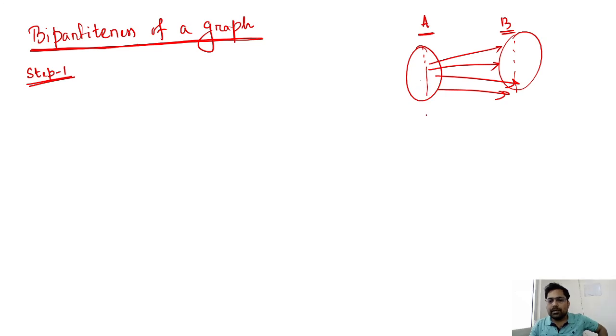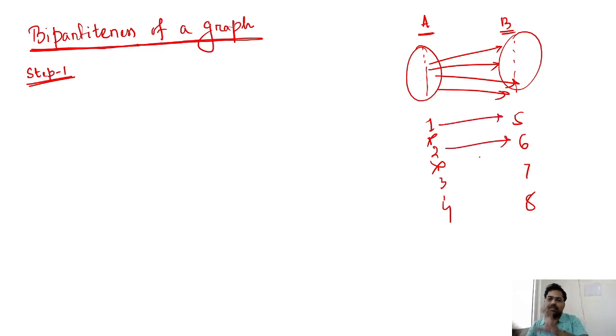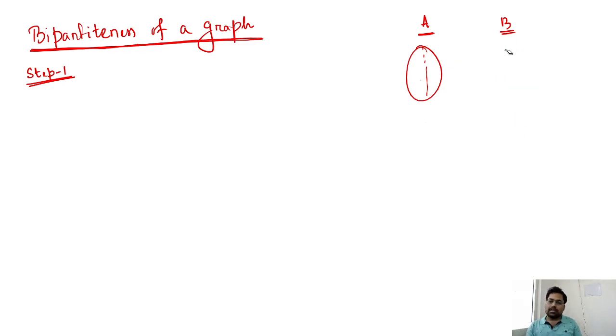Suppose 1, 2, 3 and 4 are in A, and 5, 6, 7, 8 are in B. A and B should not be connected internally. Only the connections between the two different sets are allowed: one element from one set will be connected to an element in the different set, but they should not be connected among each other. This is why bipartiteness is important to understand, and this is how it will run through the data structure named Queue.